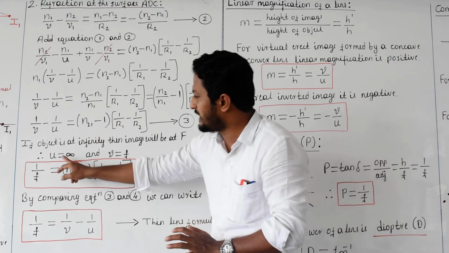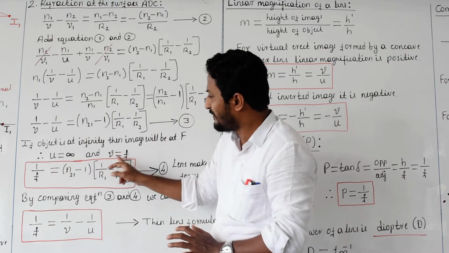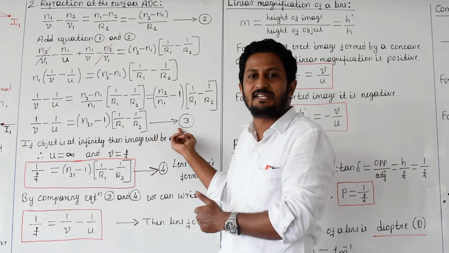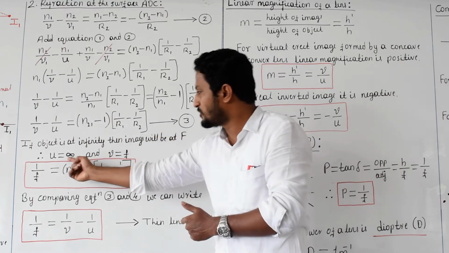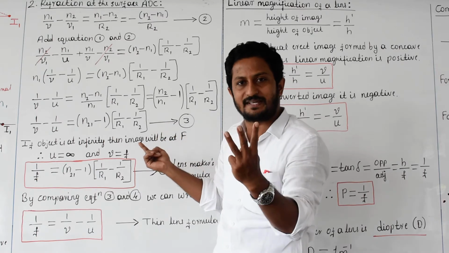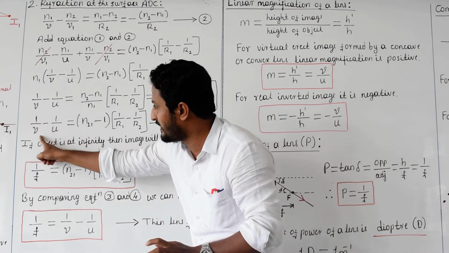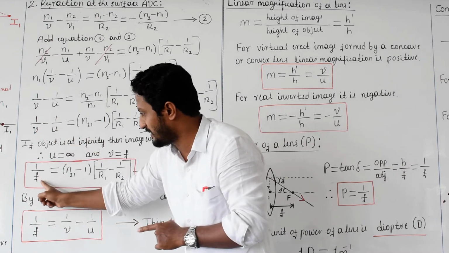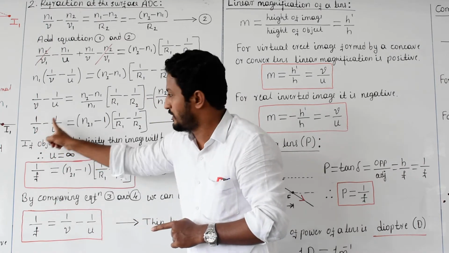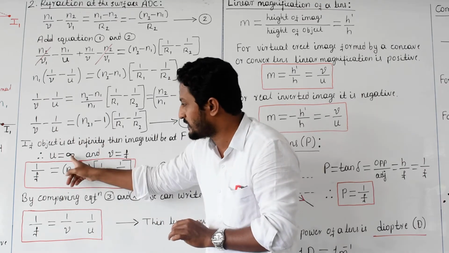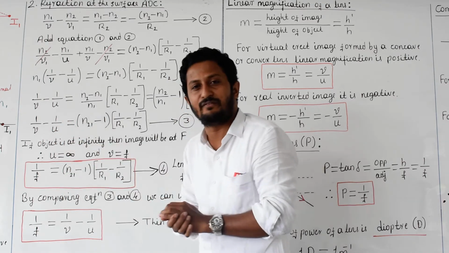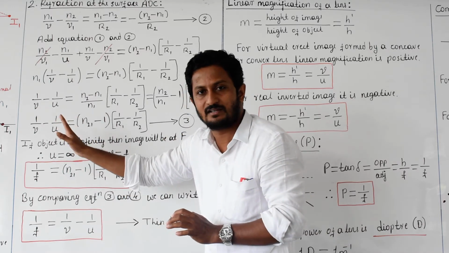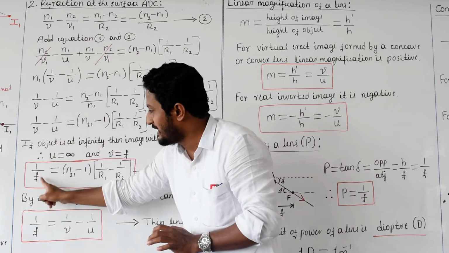Then take these u and v values and substitute them in equation number 3. See here, 1 by v, v means f, that is 1 by f, minus 1 by u, which is 1 by infinity, that is 0. That's why I left that and took only 1 by f.